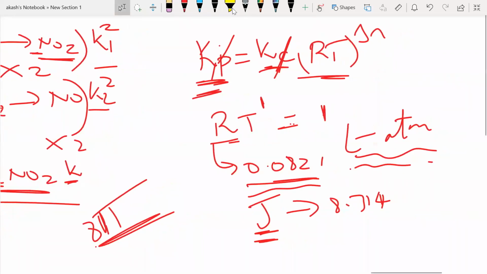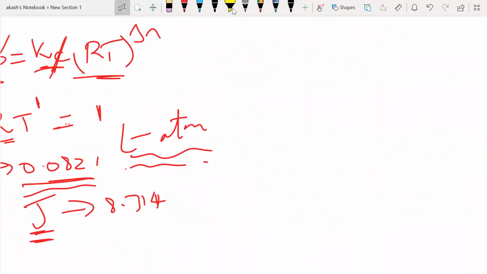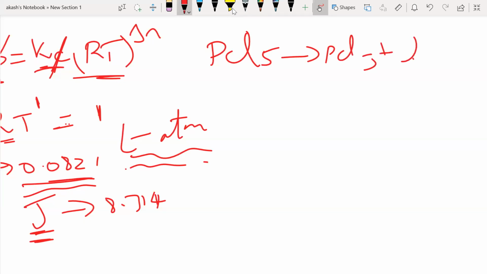Okay, let me solve this question, or do you want some more time? Okay, so this is the reaction, right? I don't know what was there at time t equal to 0.